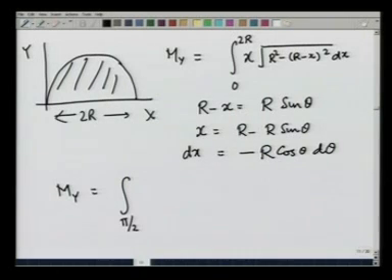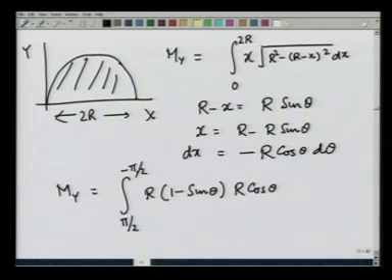When x equals 2r, sin theta is going to be minus 1 and therefore this is going to be minus pi by 2. X is r times 1 minus sin theta, and square root of r square minus r minus x square is going to be r cosine of theta, and then for dx I have minus r cosine of theta d theta.